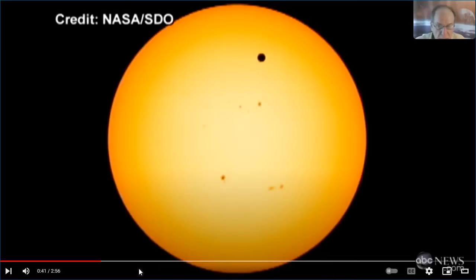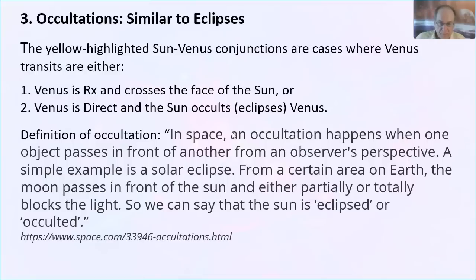So back to my PowerPoint over here. To quote from a website, space.com, an astronomy website: an occultation happens when one object passes in front of another from the observer's perspective. A simple example is a solar eclipse.